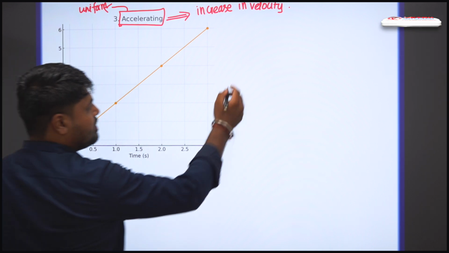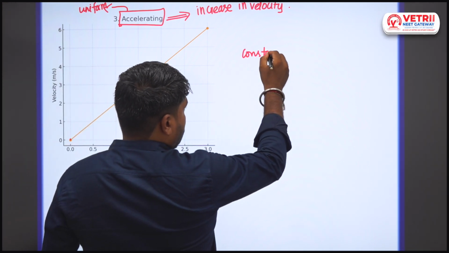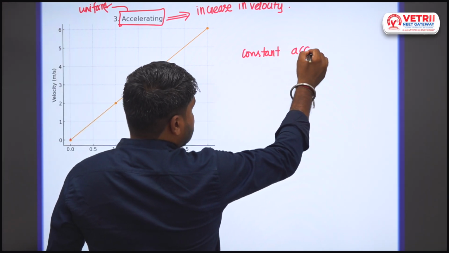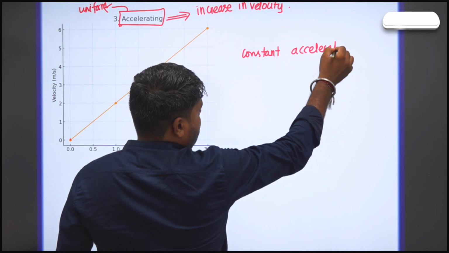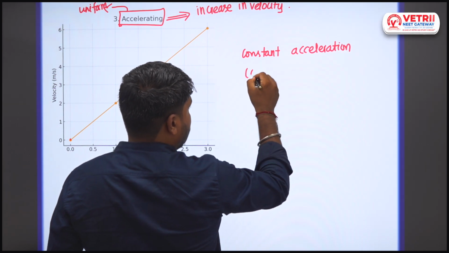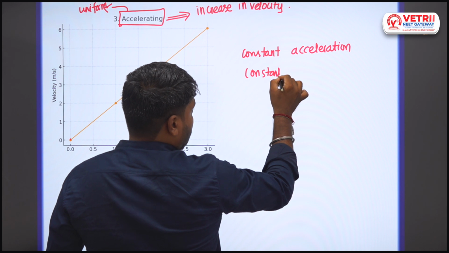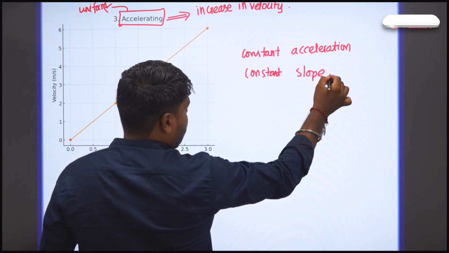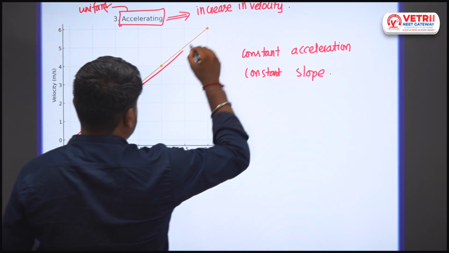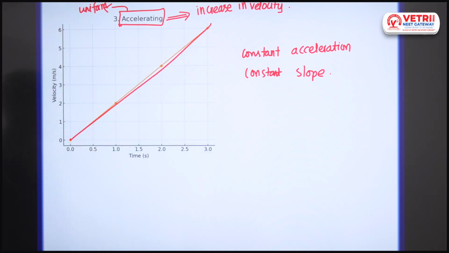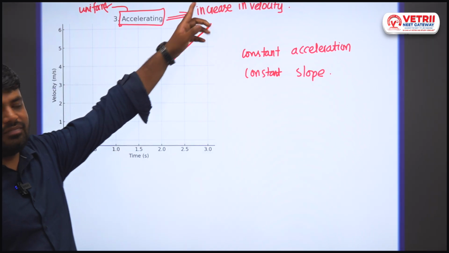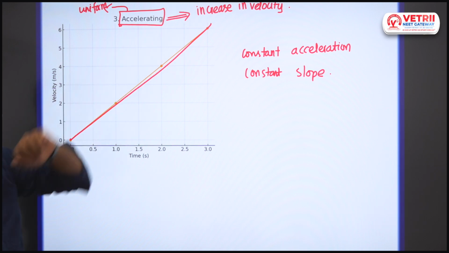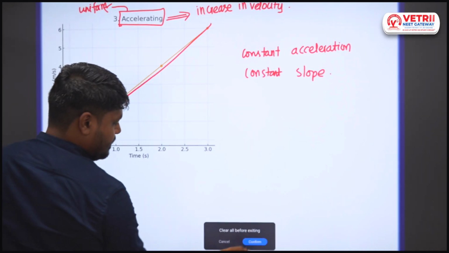Uniform acceleration means constant acceleration, and for constant acceleration, the slope should also be constant. For a constant slope, it should be a positive slope because velocity increases.